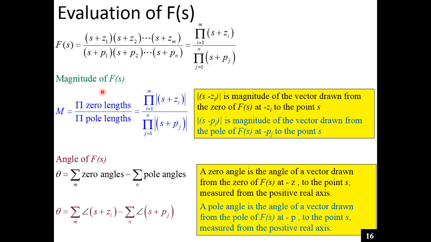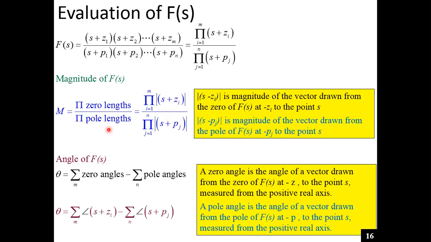The magnitude of the vector can be found from the zero length over the product of pole length, where s minus z_i is the magnitude of the vector drawn from the zero of F(s) at minus z_i to the point s. Similarly, the pole length is the magnitude of the vector drawn from the pole of F(s) at minus p_j to the point s.